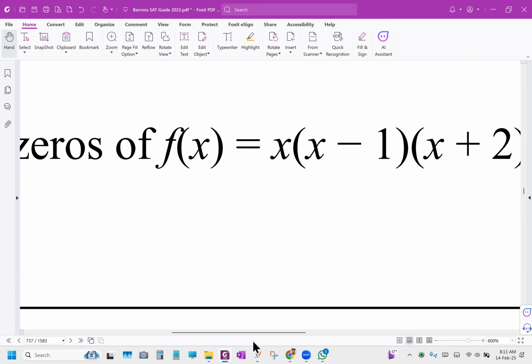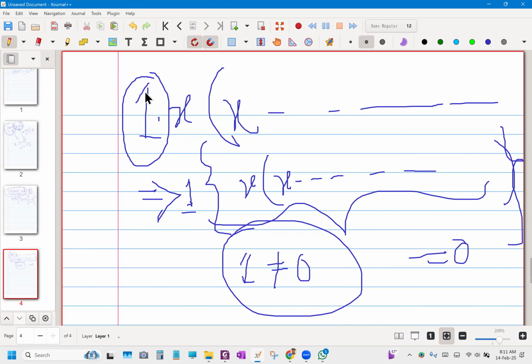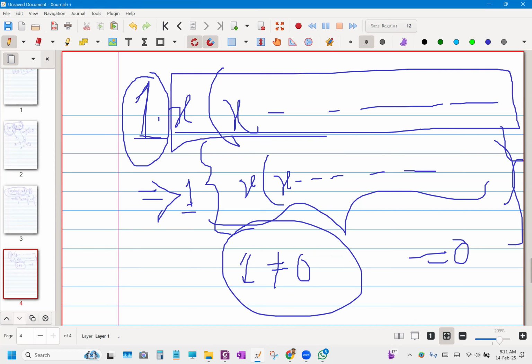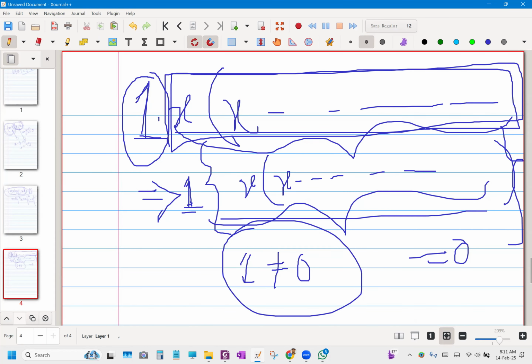So this is basically a one, but we have this whole expression. Write this one as one, and then close them with curly braces, and then the thing will remain like this.